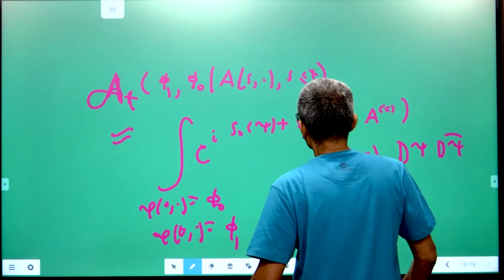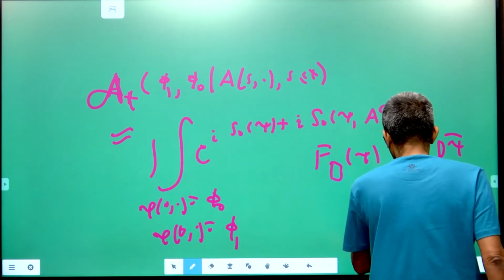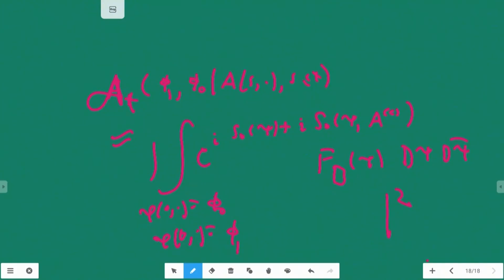Then you take the magnitude square of this quantity, and you try to match it to a given transition probability from phi 0 to phi 1 by adjusting the values of this control electromagnetic field A, by differentiating with respect to A here and so on.